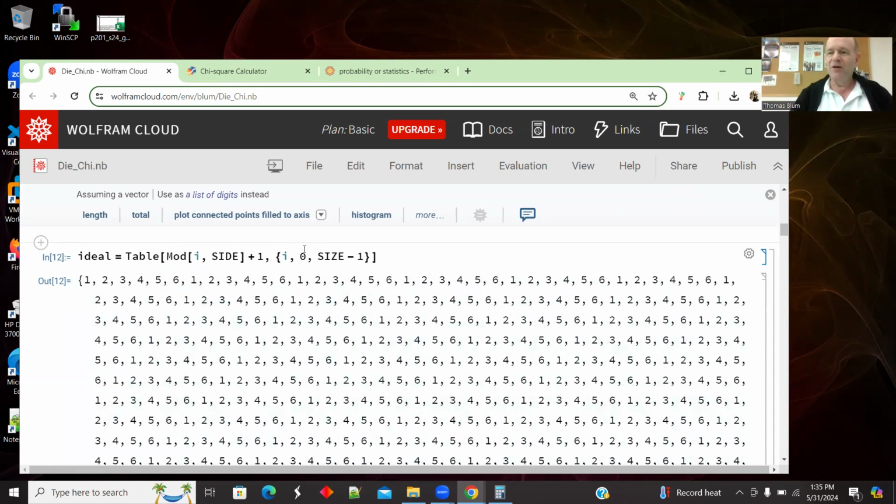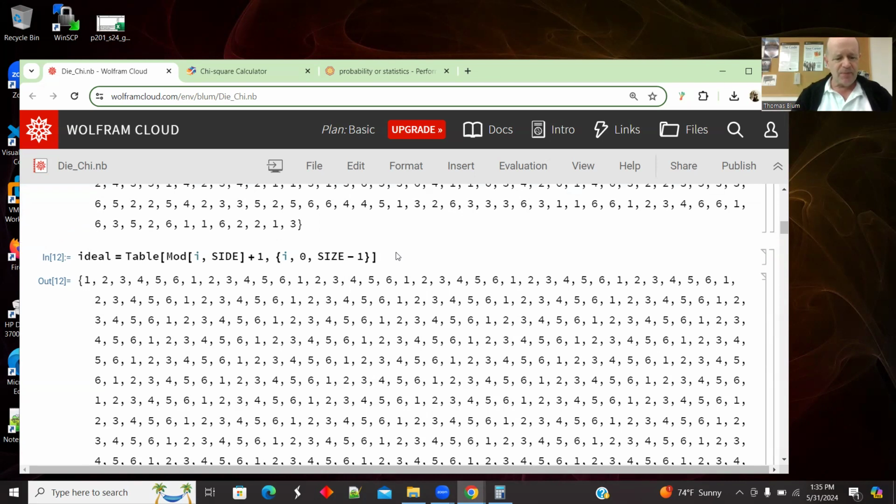That's going to give me 1, 2, 3, 4, 5, 6, 1, 2, 3, 4, 5, 6. So this is going to be my ideal expectation, or at least a possible list with an ideal distribution where each one occurs the same number of times as 2, same as 3, etc.